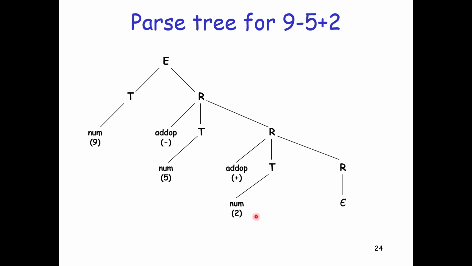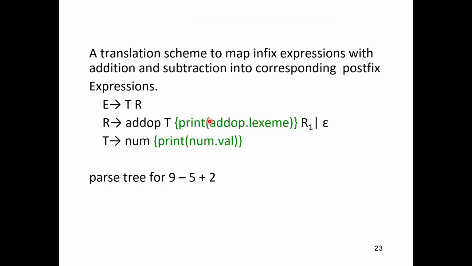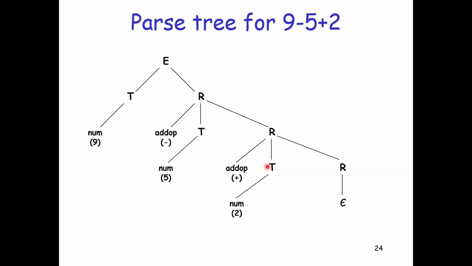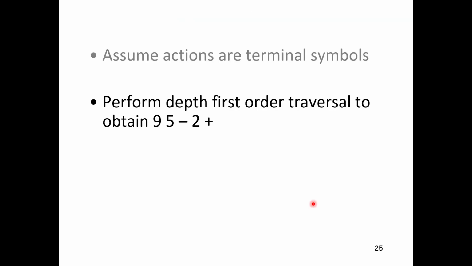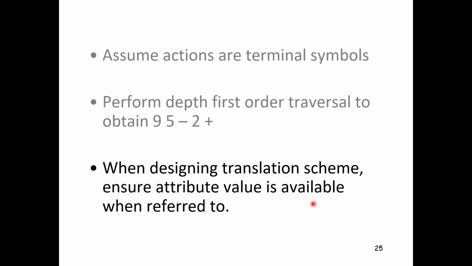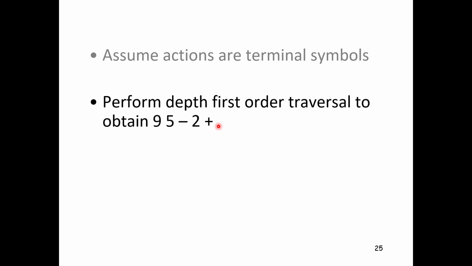On traversing this parse tree, how do we compute the postfix expression? For that the semantic actions have been written, and we have also placed each semantic action at its corresponding place in the parse tree. Next we can see how a depth-first order traversal obtains the postfix expression 9 5 minus 2 plus corresponding to the given infix expression.